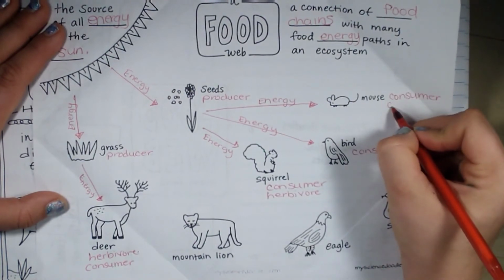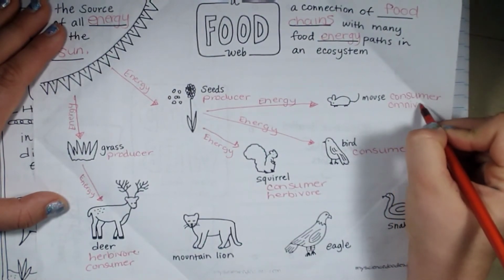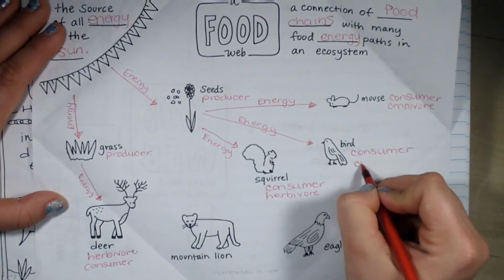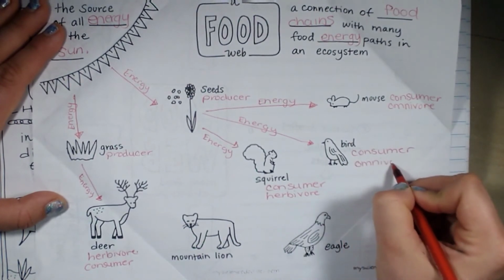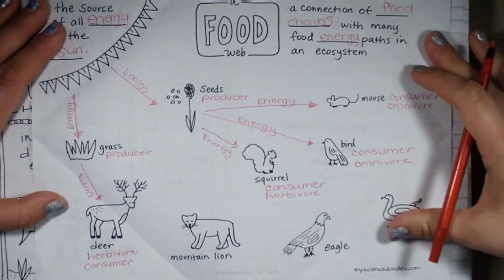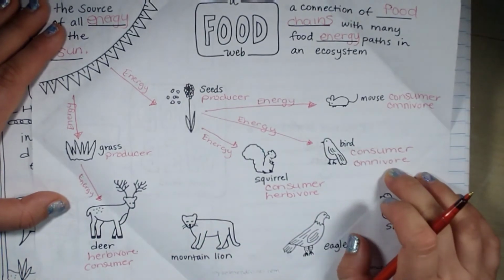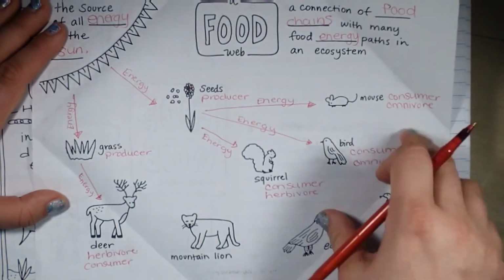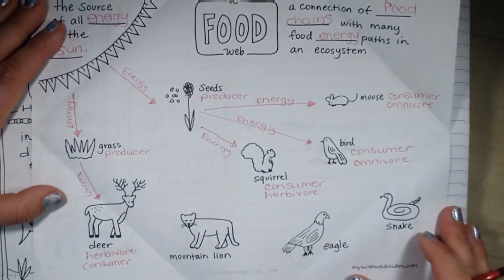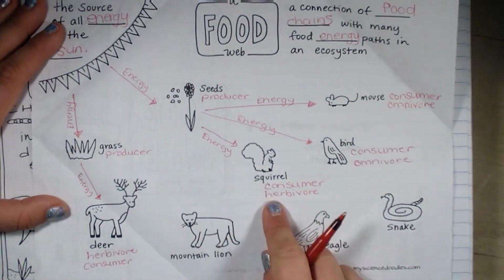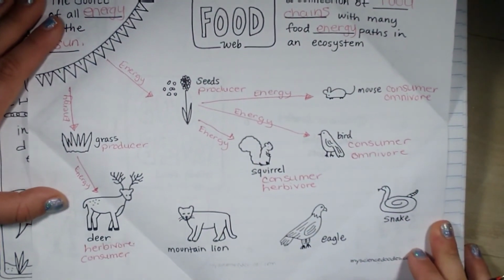And the mouse and the bird are an omnivore, meaning they eat both. Like a bird will eat bugs and things like that, so that's considered meat. So a bird is an omnivore, a mouse is an omnivore, meaning they eat both meat and plants. A squirrel only eats plants and seeds.